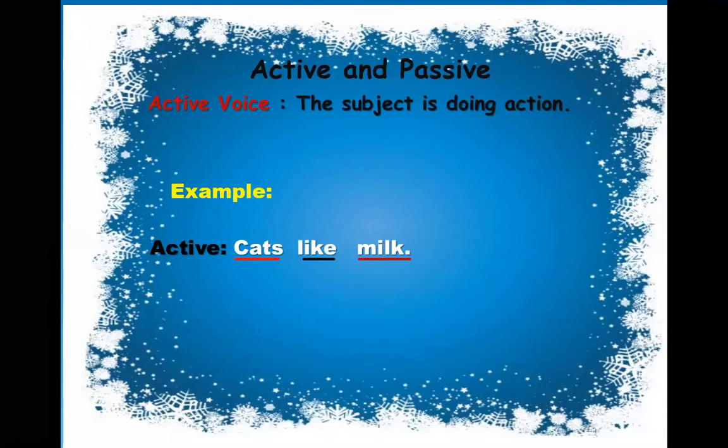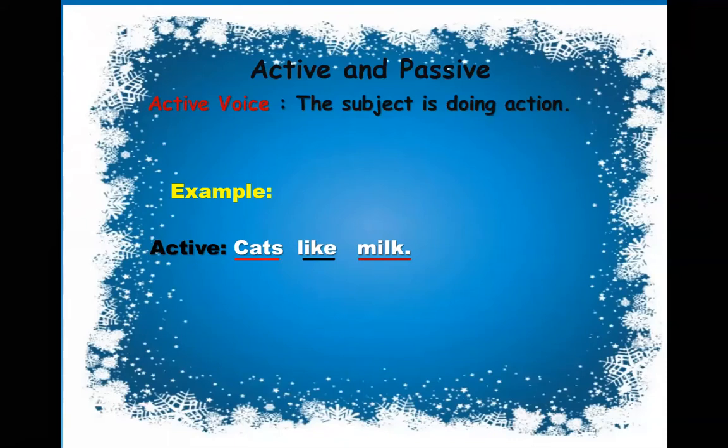Where is the verb? Where is the action? Like. Perfect. What do they like? Where is the object of the sentence? Milk. Excellent. So in this active sentence, we know the one who does the action. We know the person or the agent who is responsible for the action, which is cats.